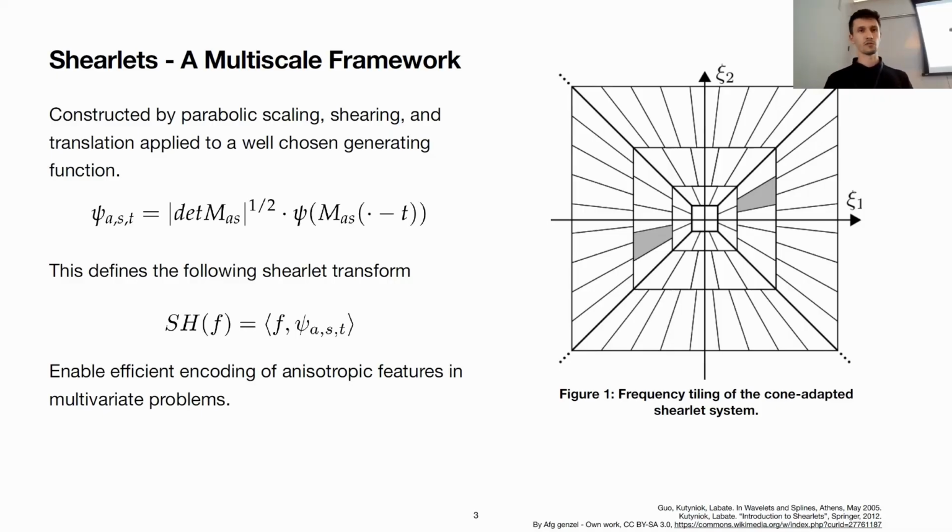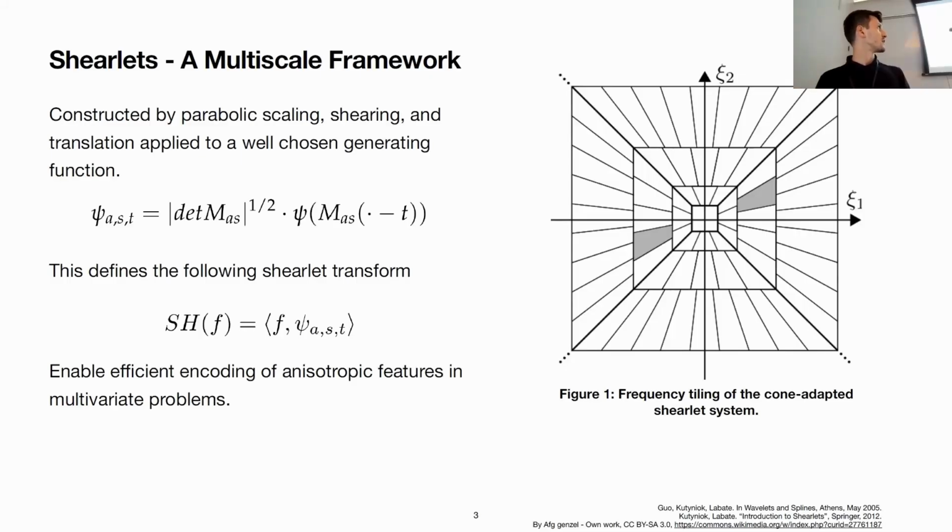One very important thing to note is that Shearlets provide an optimally sparse representation, and they enable efficient encoding of anisotropic features in multivariate problems, which is our scenario.